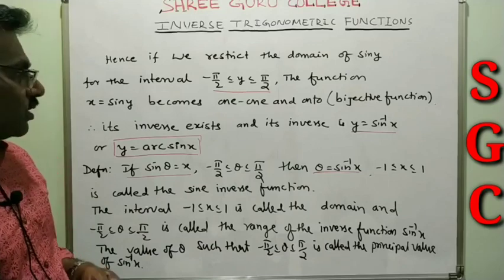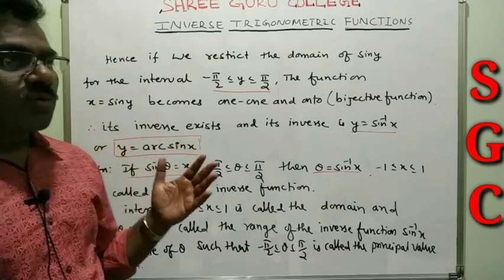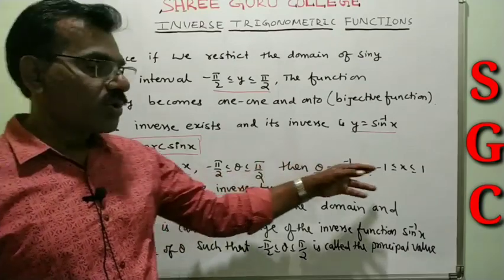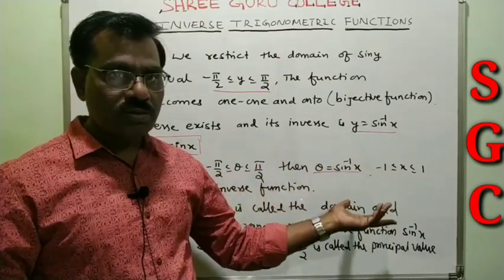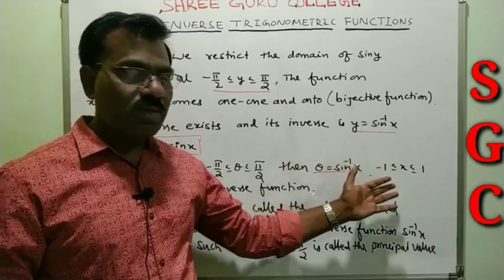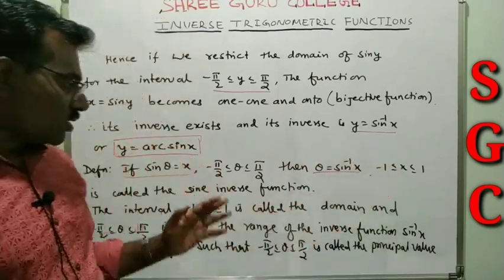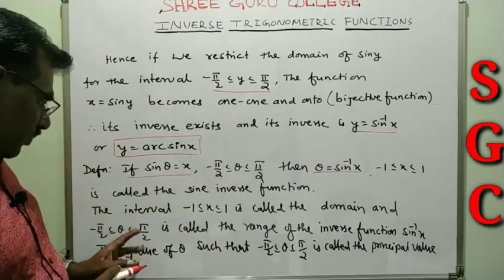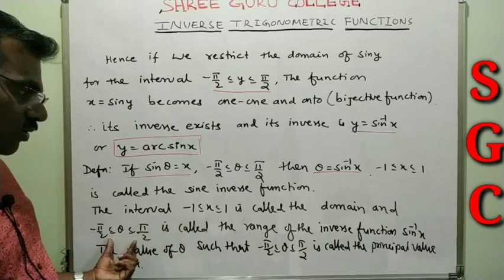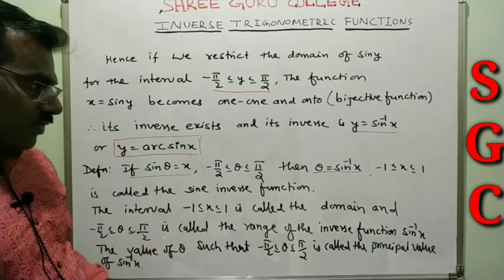So x is sine y, it is both one-one and onto on this interval and oscillating between minus 1 to plus 1. You know that from first year, the maximum value is 1 and the minimum is minus 1. So minus 90 to plus 90: this interval is called the domain, and this is called the range of the inverse function.